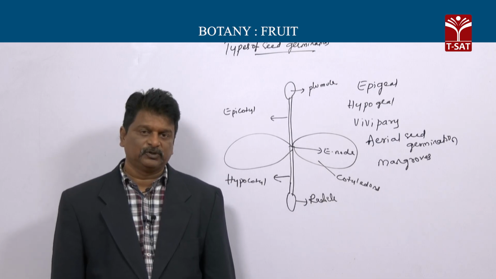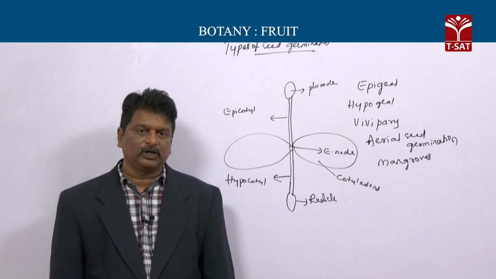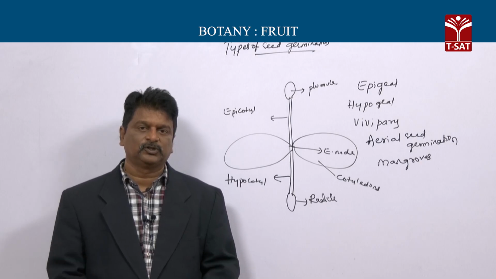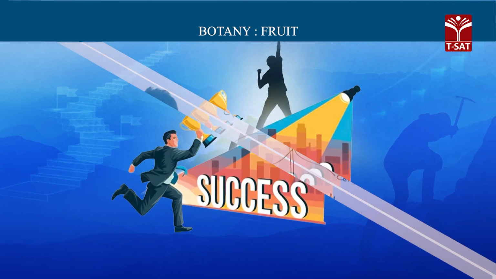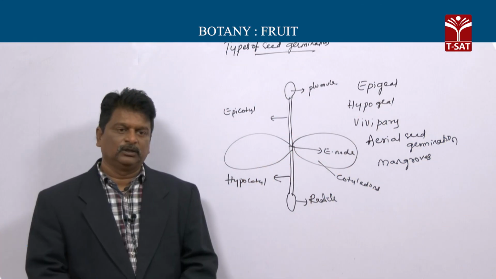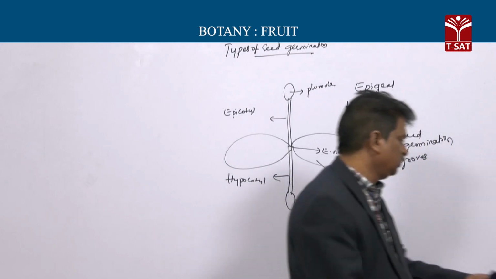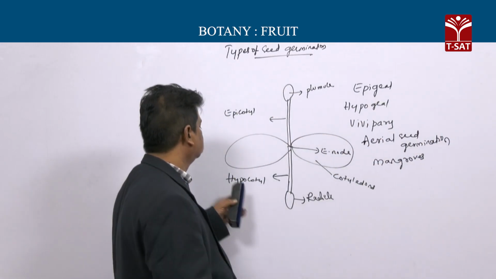In angiosperms, the carpel is converted into ovary, style, stigma. So in angiosperms, the fruits are formed.